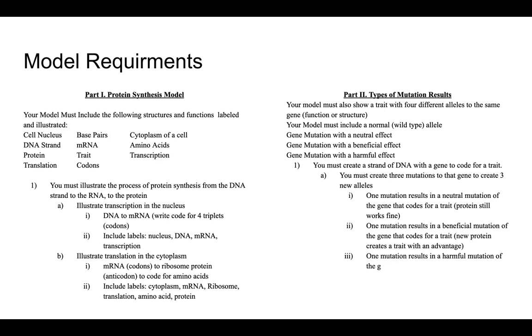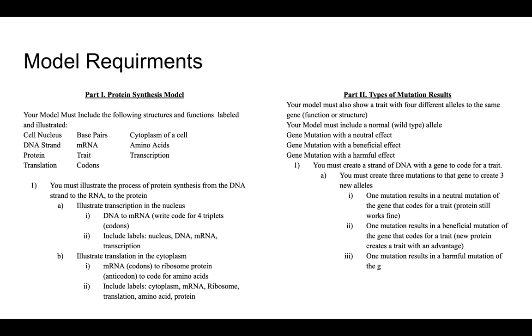And then you must mutate it, meaning you change the DNA code. So you are making this up, but what's expressed is what you're changing. It has to be the same trait, but expressed different ways.